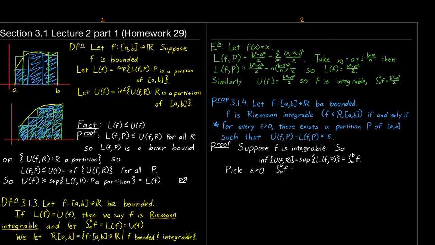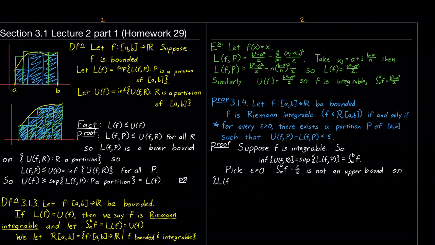Then the integral minus epsilon over 2 is not an upper bound on the set of all the lower Darboux sums, because the least upper bound is bigger than it.